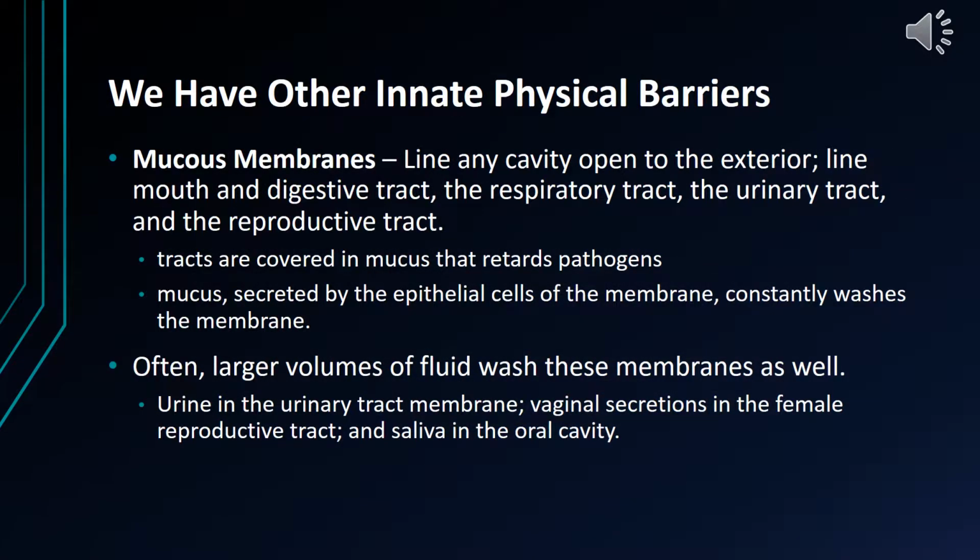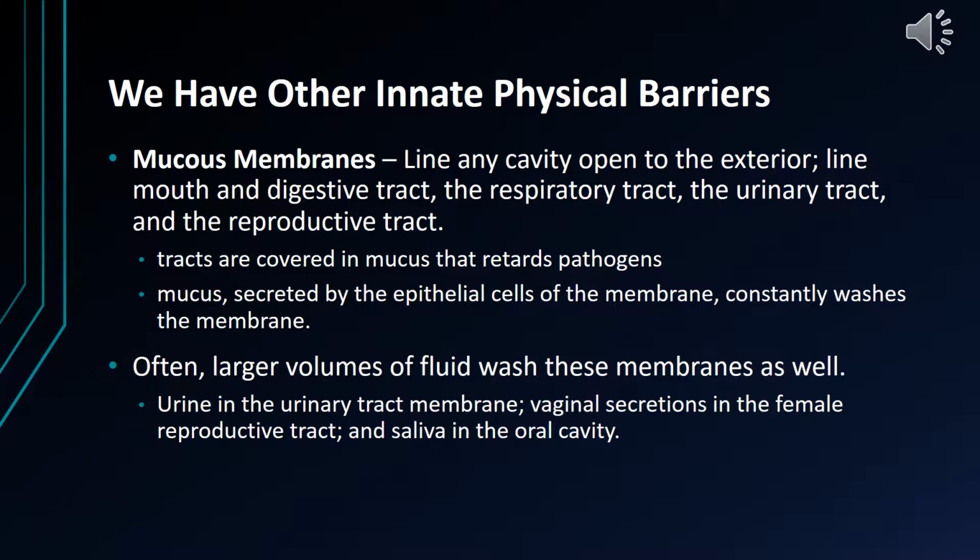In addition to the skin, we also have other innate physical barriers, and these are the mucous membranes. They line any cavity open to the exterior, so they line anywhere in the body that's not technically in the body, or rather it's just a tube that runs through the body.